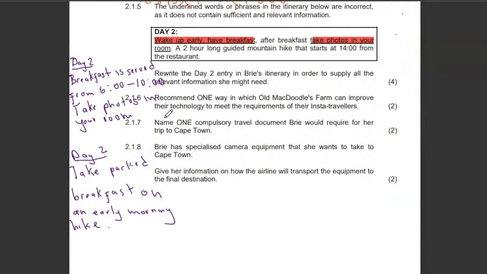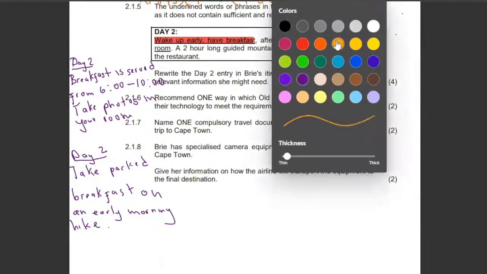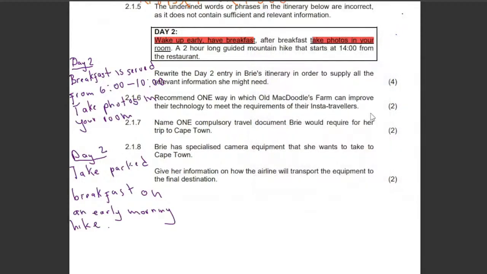Now let's go to 2.1.6, which reads, recommend one way in which Old MacDoodle's farm can improve their technology to meet requirements of Insta travelers. In terms of technology, there are quite a number of things which can be done to improve the experience of instant travelers.